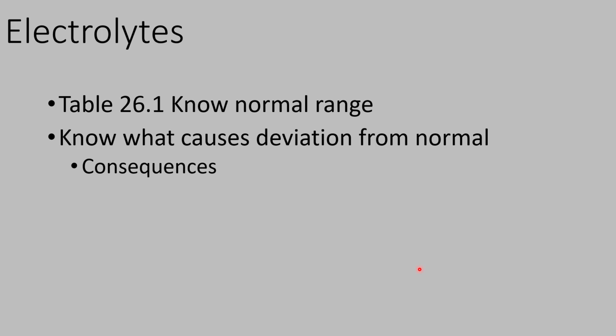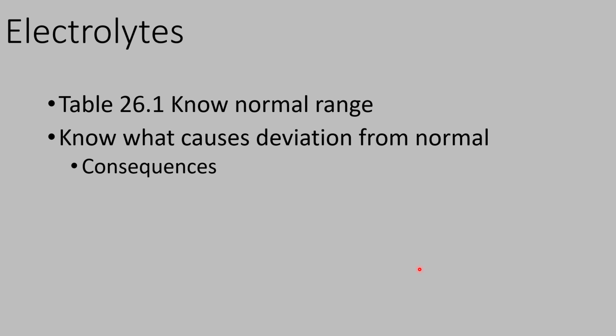You need to know what happens to cause those normal ranges to change. So, for example, sodium. What could cause sodium to be high or low? And if sodium is too high, what happens in the body? Or if sodium goes too low, what happens in the body?